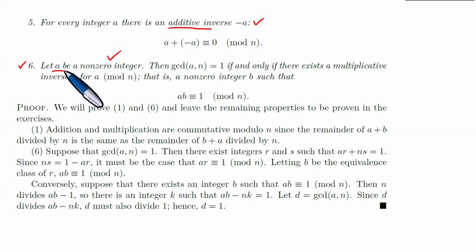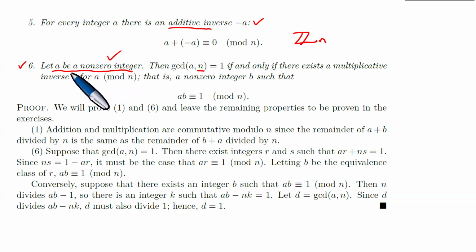What is a actually? a is a non-zero integer, and n is our usual index for the set Z modulo n. So the GCD of a and n is equal to 1.